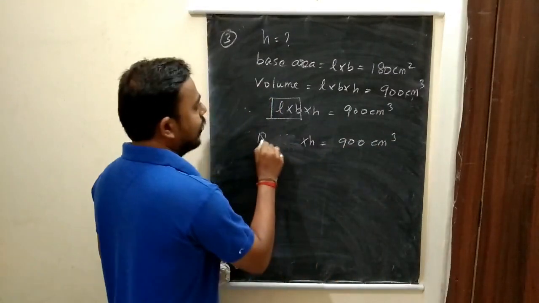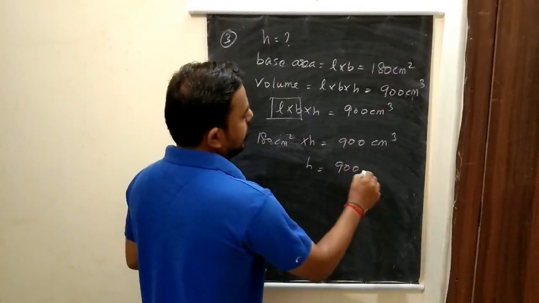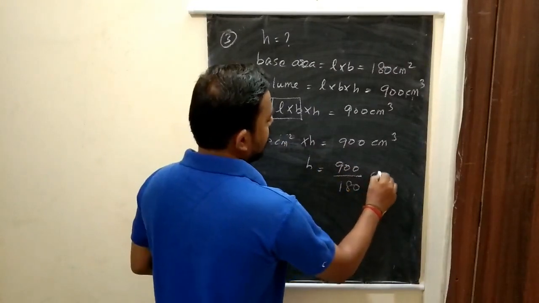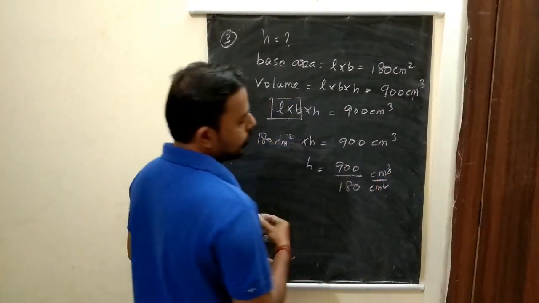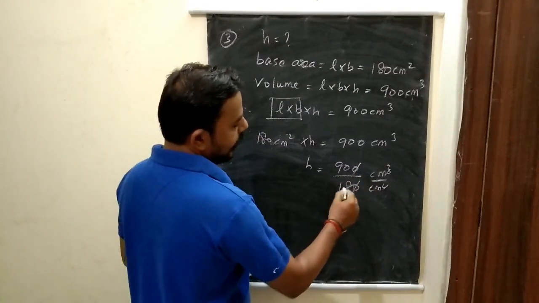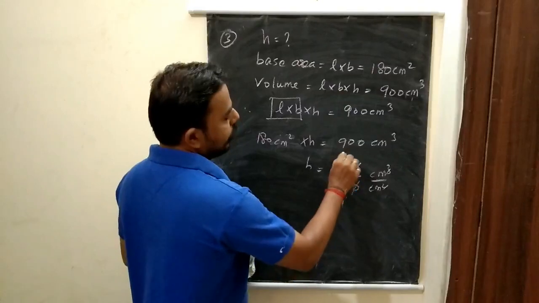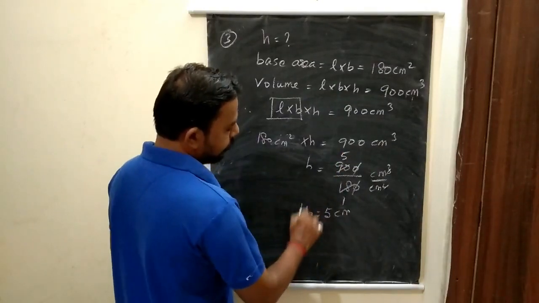So H is equal to 900 divided by 180. Here centimeter cube, here centimeter square, so cancel this and we get centimeter. So cancel the 0. 1 18 is 18, 5 18s are 90. So H is equal to 5 centimeter.